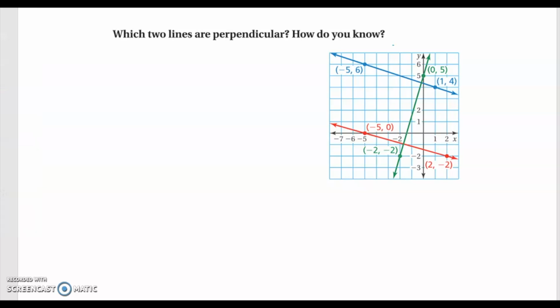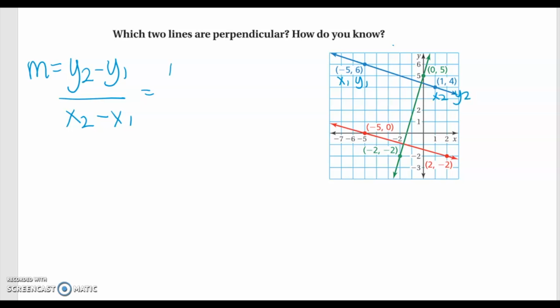So for my blue line, again, I'm going to find the slope using slope formula. So y2 minus y1 over x2 minus x1. And again, I'm just going to label them x1, y1, x2, y2. So y2 is 4 minus 6 over 1 minus -5.